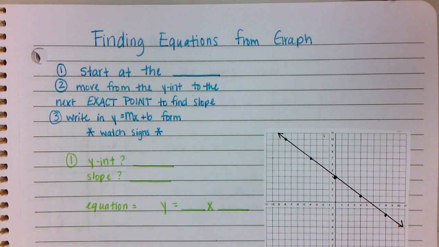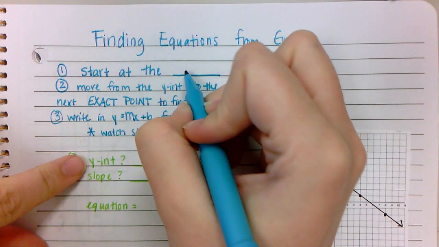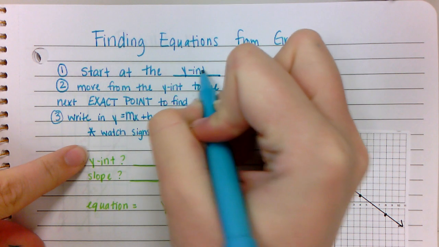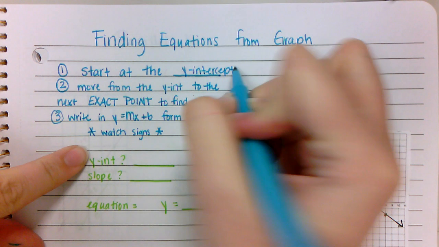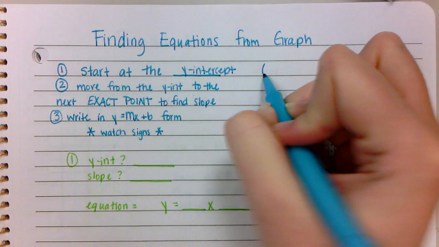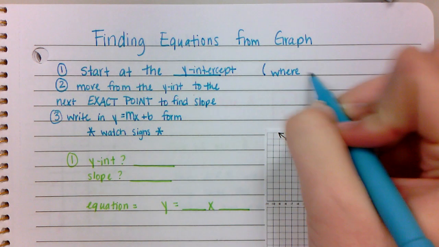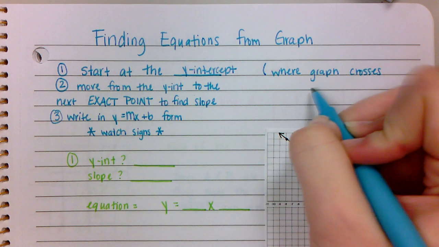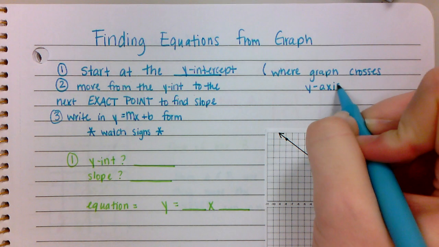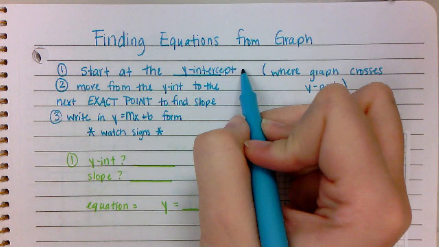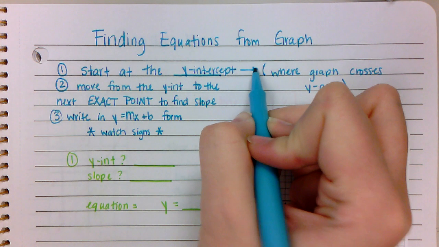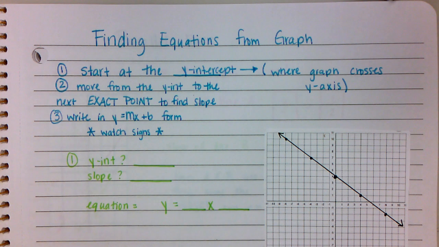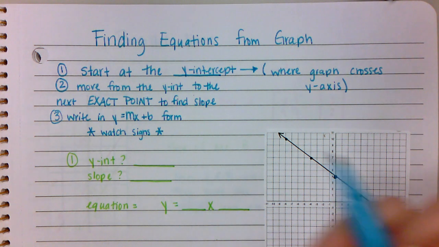To start, you're going to find where your graph crosses the y-axis. So you're going to start at the y-intercept. And I'm going to put here in parentheses, where the graph crosses the y-axis. So the y-intercept is where your graph crosses the y-axis.